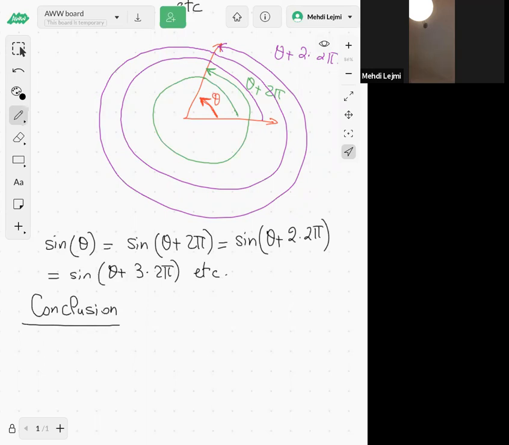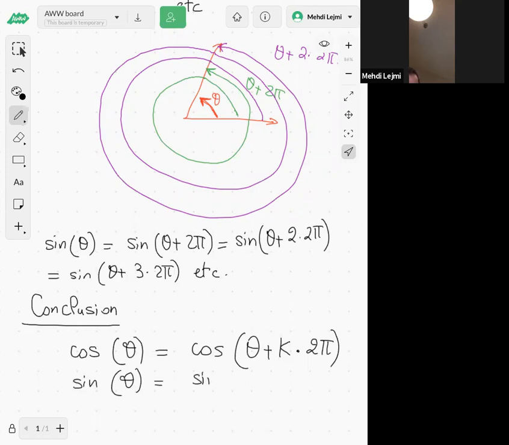So cosine of theta is equal to cosine of theta plus k times 360, or 2 pi, where k is just an integer. The same for sine of theta, which is equal to sine of theta plus k times 360.